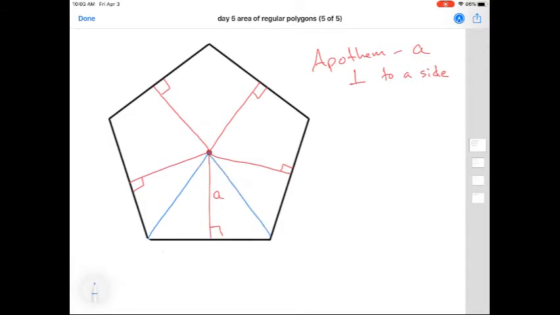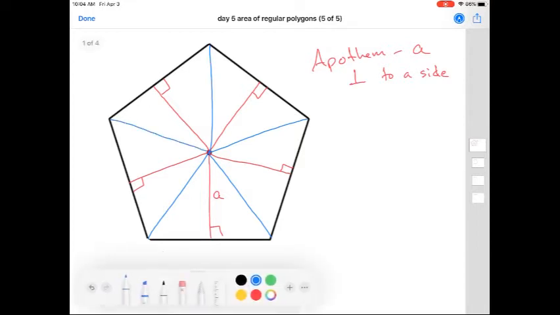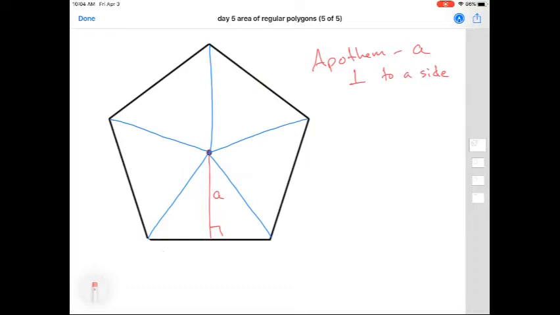We have a triangle, then another triangle, another triangle, and another triangle. I know that's kind of hard to see, so I'm going to erase some of these apothems.